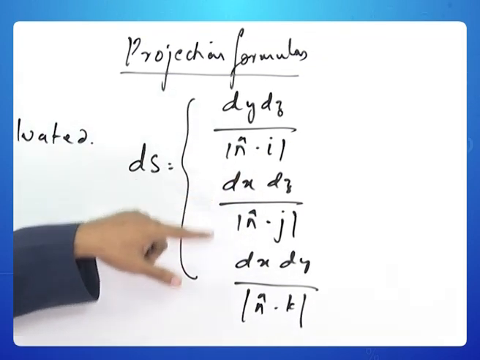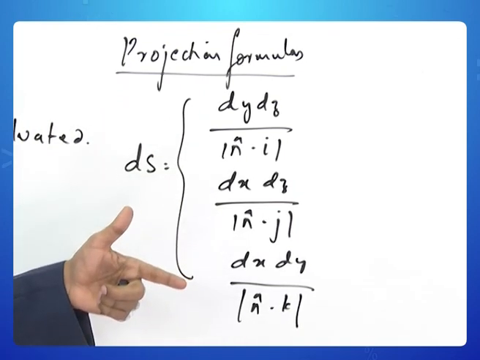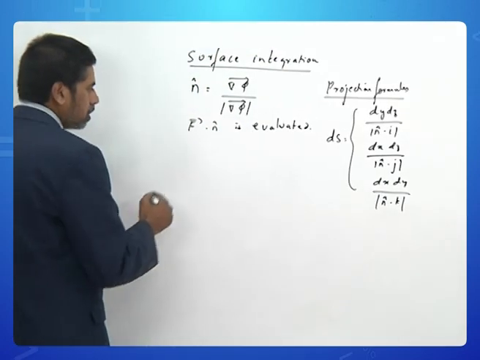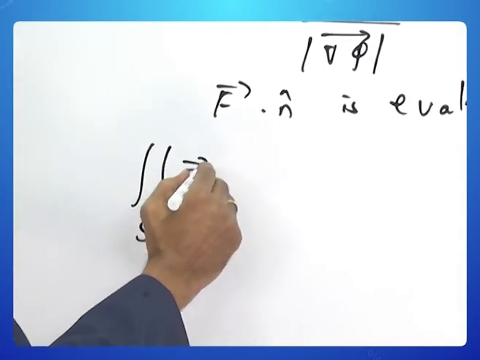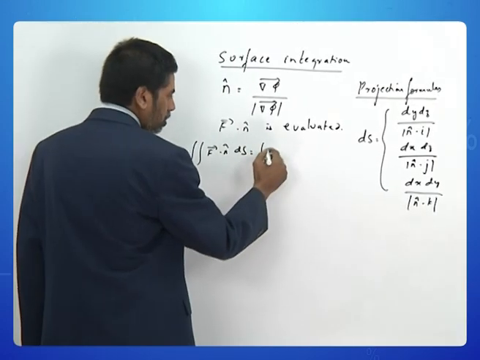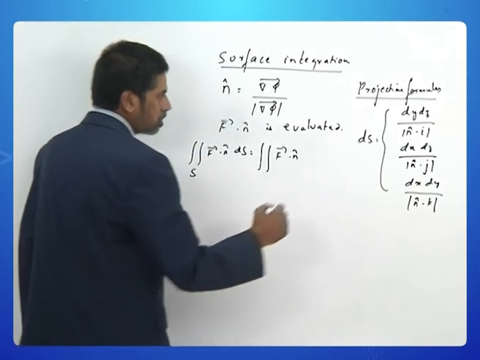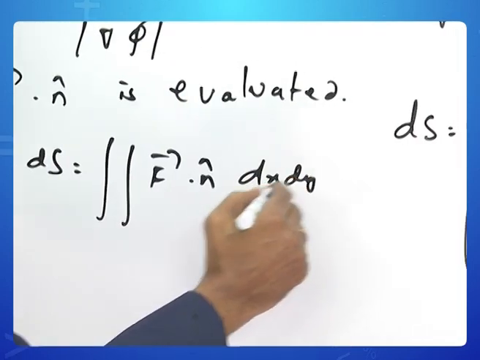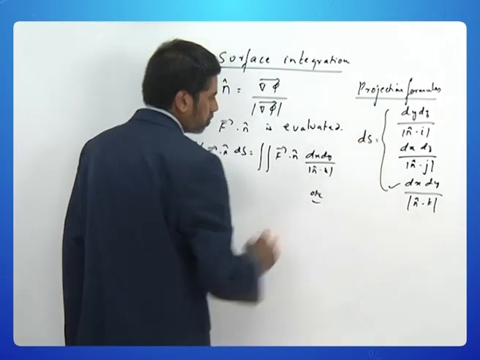Never choose a projection where the denominator becomes 0. So that is a basic thing that one will have to remember. And if you go to the next stage, how does it look like? A surface integral f dot n cap ds would become f dot n cap, and suppose you have chosen this projection, then you would write dx dy by magnitude n dot k, etc. The other possibilities are these two.